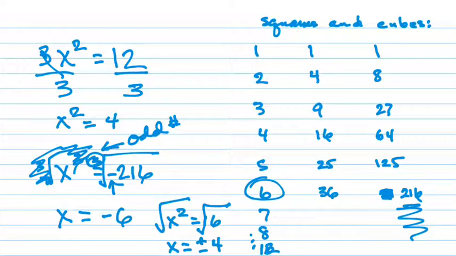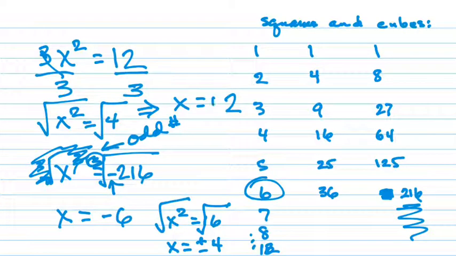Now is my x squared by itself? Yes. So I'd unsquare it by taking the square root of both sides, and the square root of x squared is just plain old x. What's the square root of 4? 2, but it's plus and minus 2, because you have a positive and a negative one.